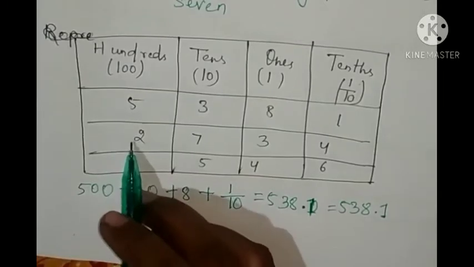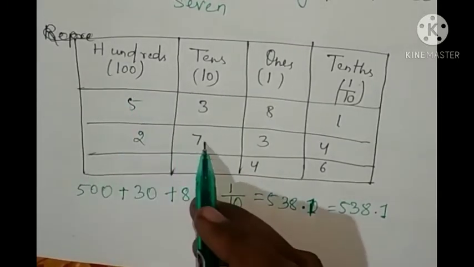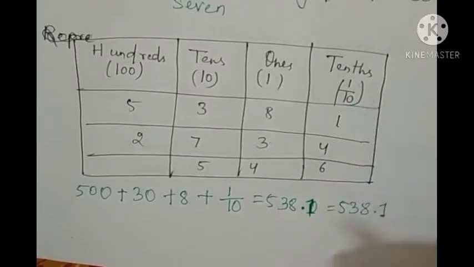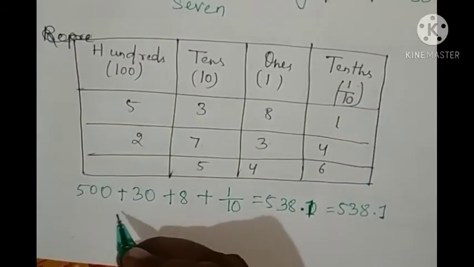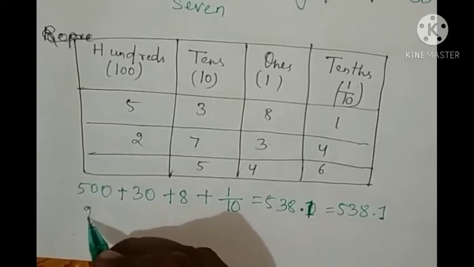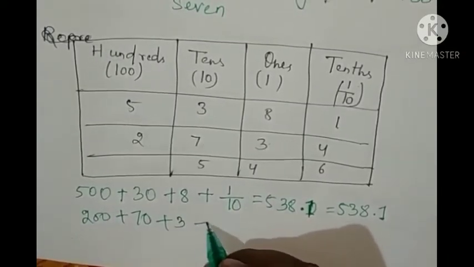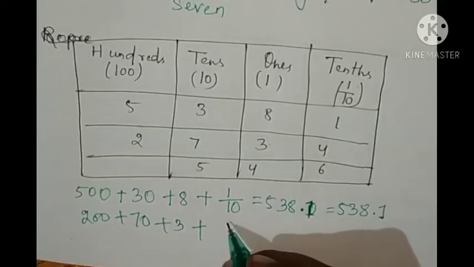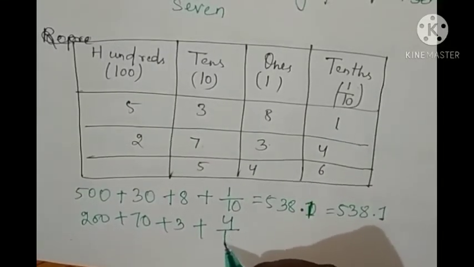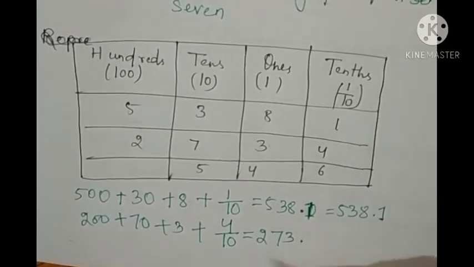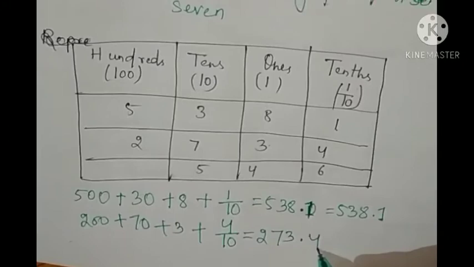Next, 2 is in the hundreds place, 7 is in the tens place, 3 is in the ones place, and 4 is in the tenths place. So we can write 200 plus 70 plus 3 plus 4 tenths. 4 tenths means 4 by 10. So 273.4.